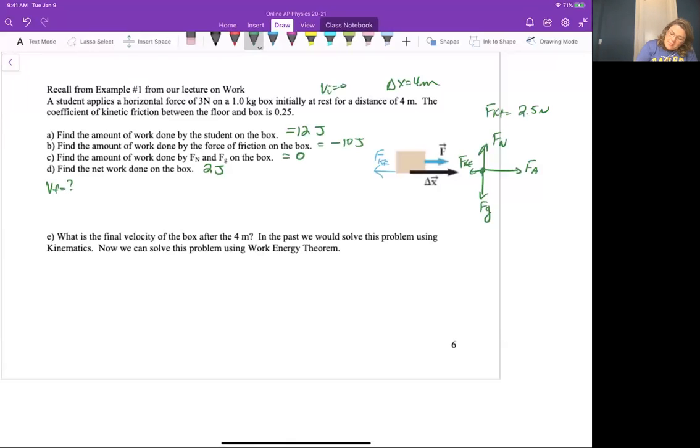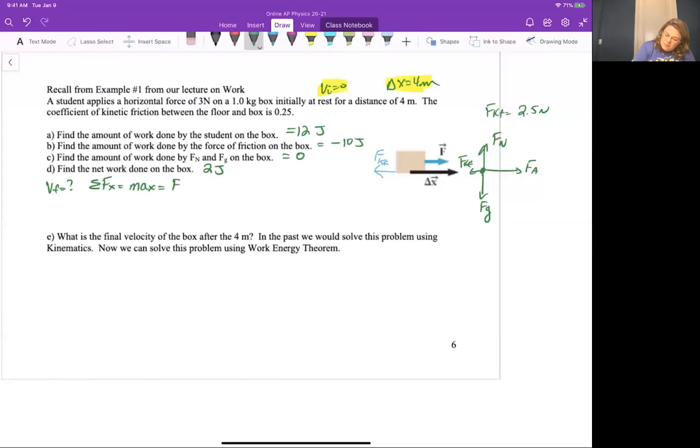So if I wanted to find the final velocity, I only have 2 variables. I have the initial velocity and the delta x. So I'm going to have to use Newton's second law to find acceleration, which would give me my third variable. I can sum the forces in the x direction, which is mass times acceleration in the x direction.